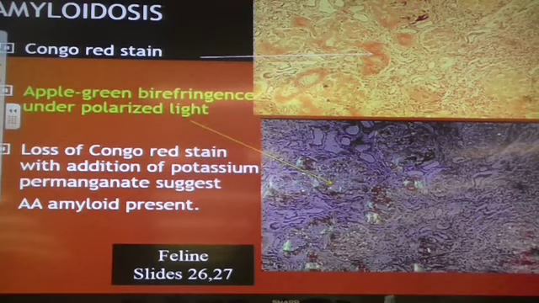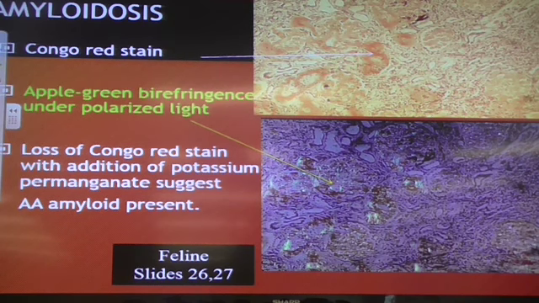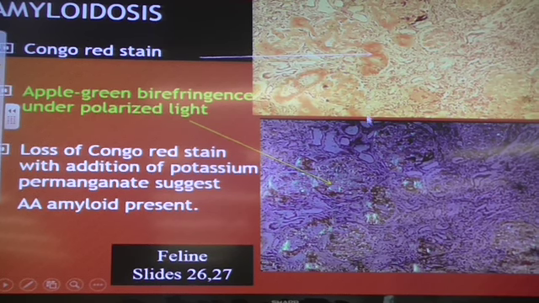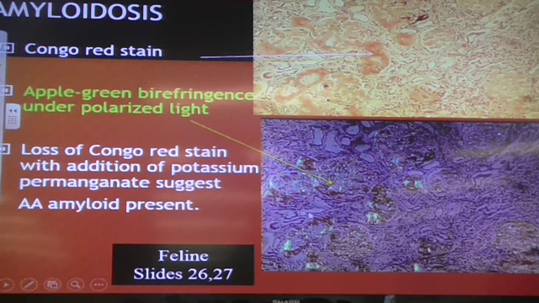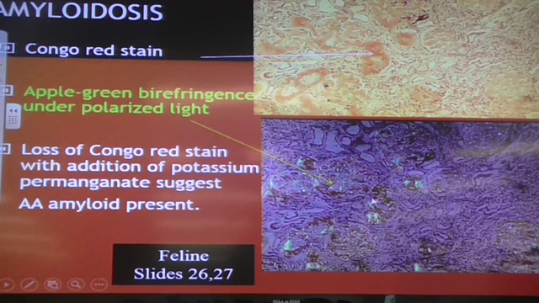We like to use a lot of stains, and so microscopically you would add Congo red stain to help you diagnose renal amyloid. And if you apply a polarized light under the microscope, it becomes apple green birefringence. So we add Congo red to a normal slide, put it under a microscope and apply our polarized light, and it should give you apple green birefringence.